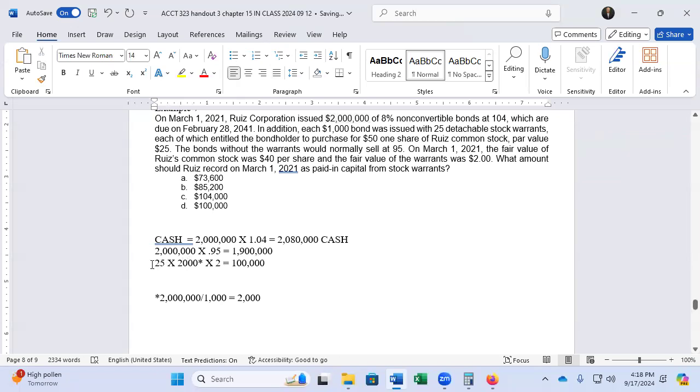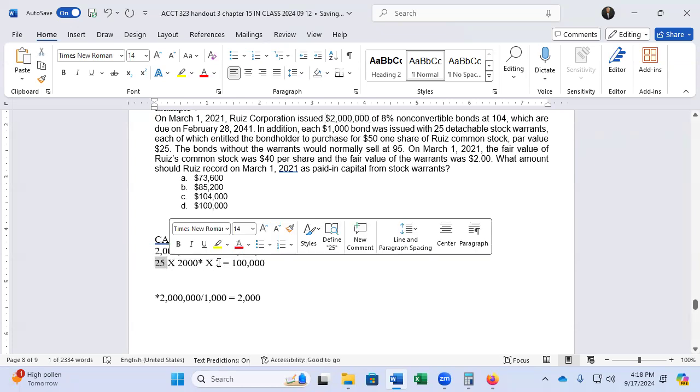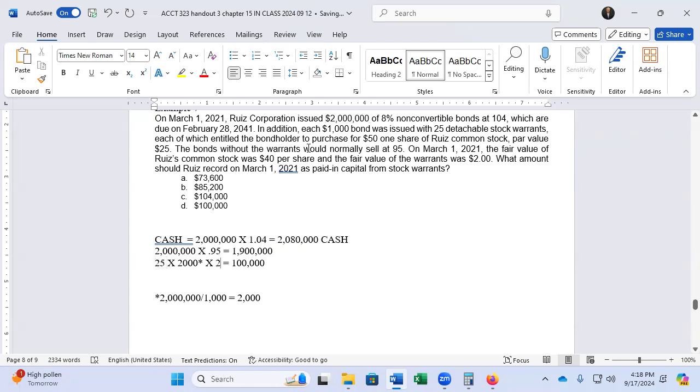Each one of those can be turned in for 25 shares, and the value of those is $2.